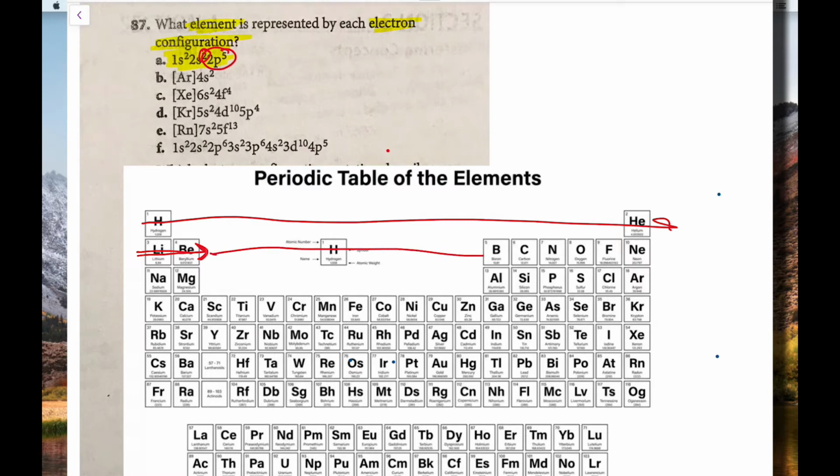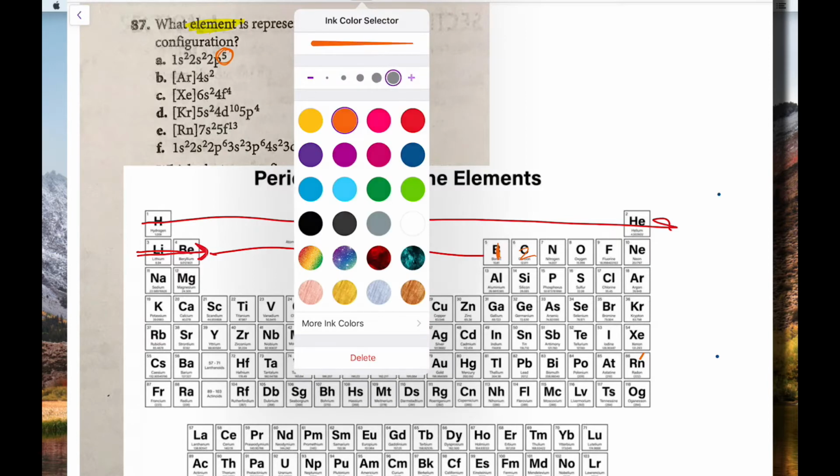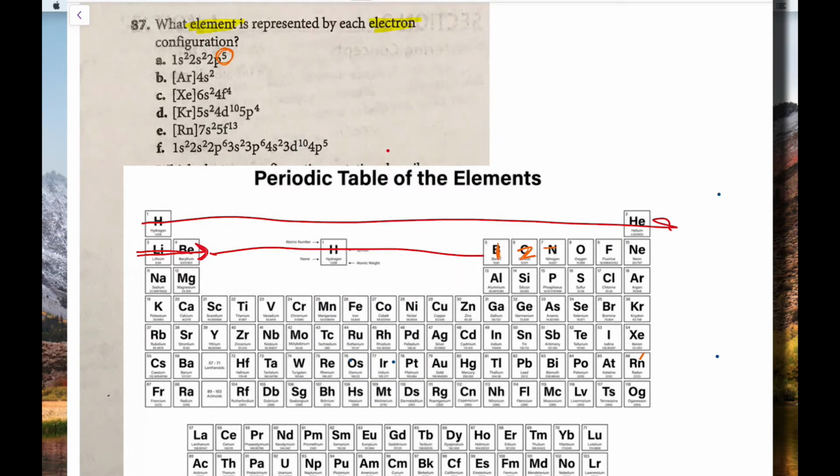I jump to 2p5. And this number 5 is very key, because this superscript tells me how many steps, or how many electrons, I have. So that would be 1, 2, 3, 4, and then 5.